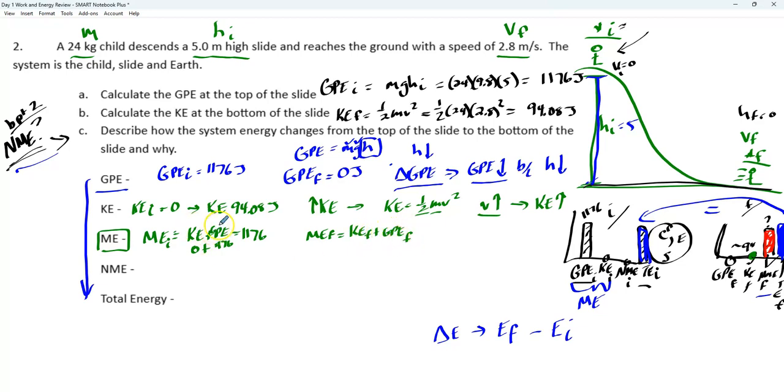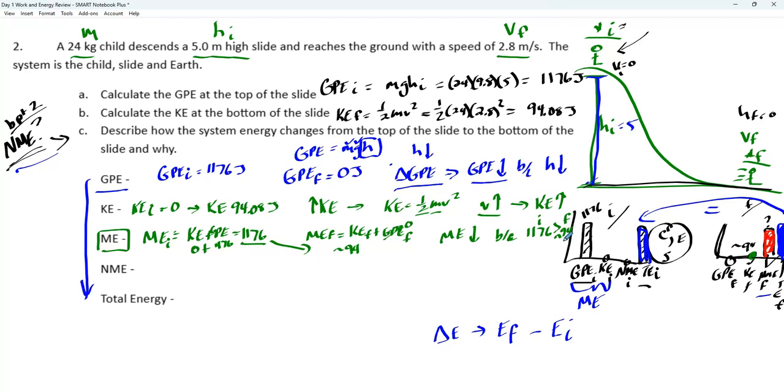I left out a G here, sorry. So at the end, there is no gravitational potential energy because the height's 0, and the kinetic energy is only 94-ish. So it went from 1176 to 94. So the mechanical energy dropped. It went down because basically 1176, the initial, is larger than the final, which is 94 or so.